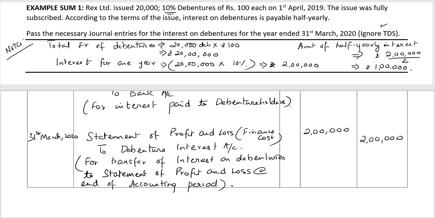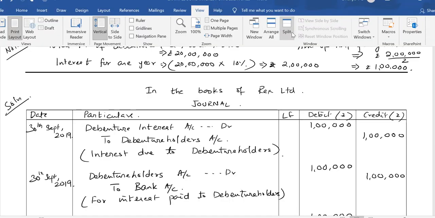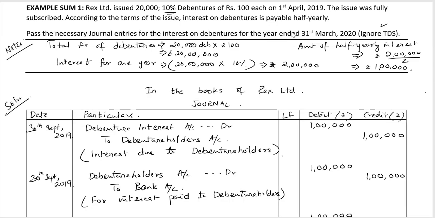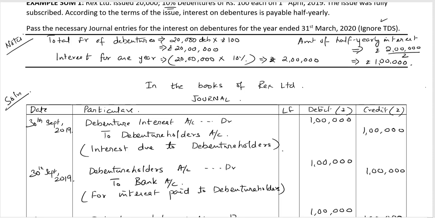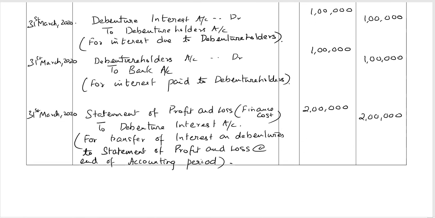The entries are done. We can view the answer. So that's the example sum on the top, followed by a few notes. The journal, the first screen. And the second screen.